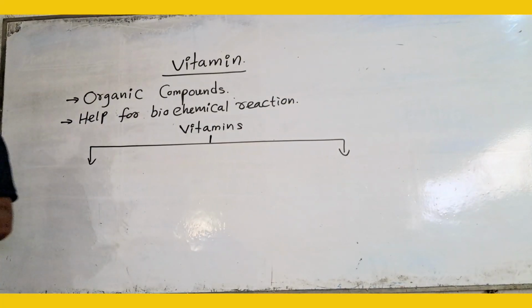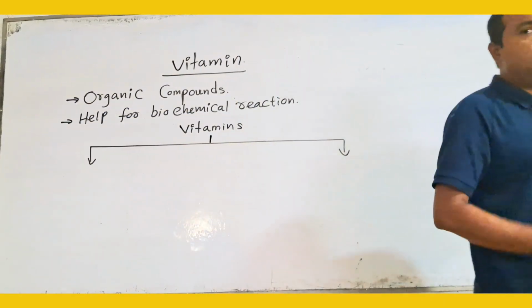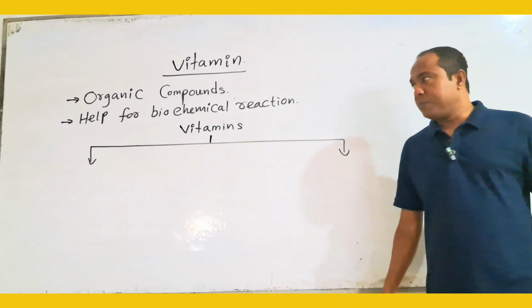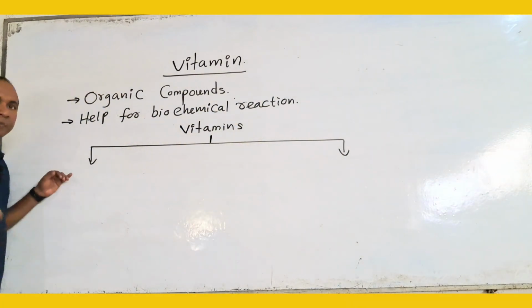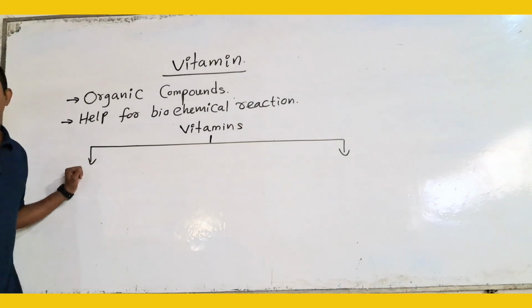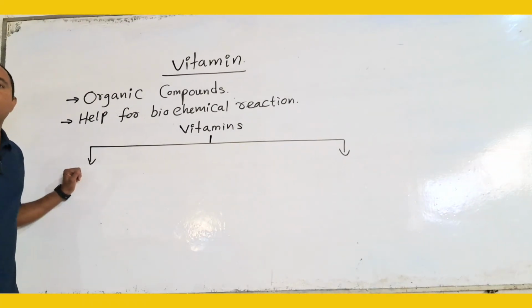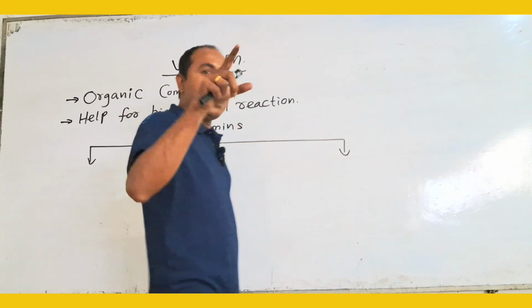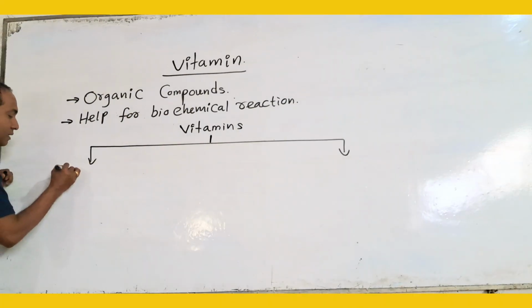A, B, C, D, E and K vitamins can be divided into two main groups according to their solubility in water. Some vitamins are soluble in water while some vitamins are not soluble in water. Therefore, vitamins can be classified like that.